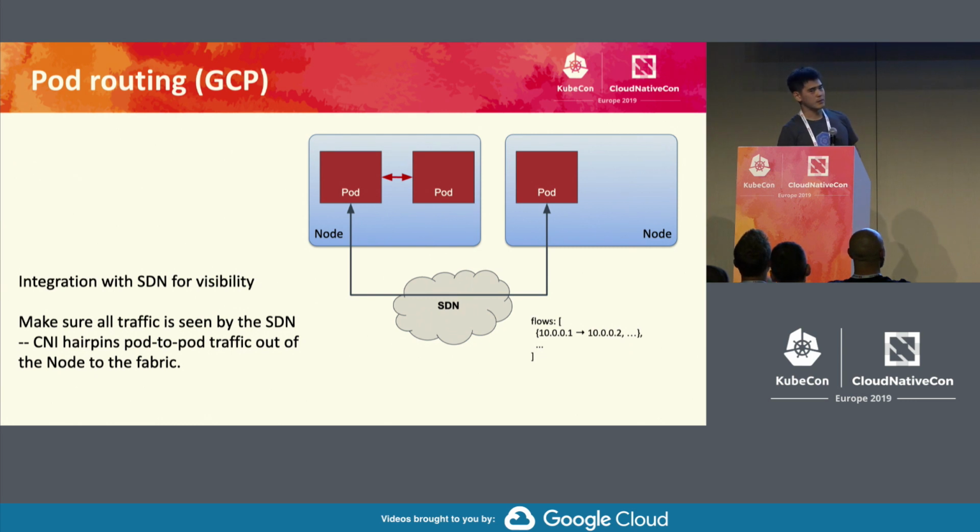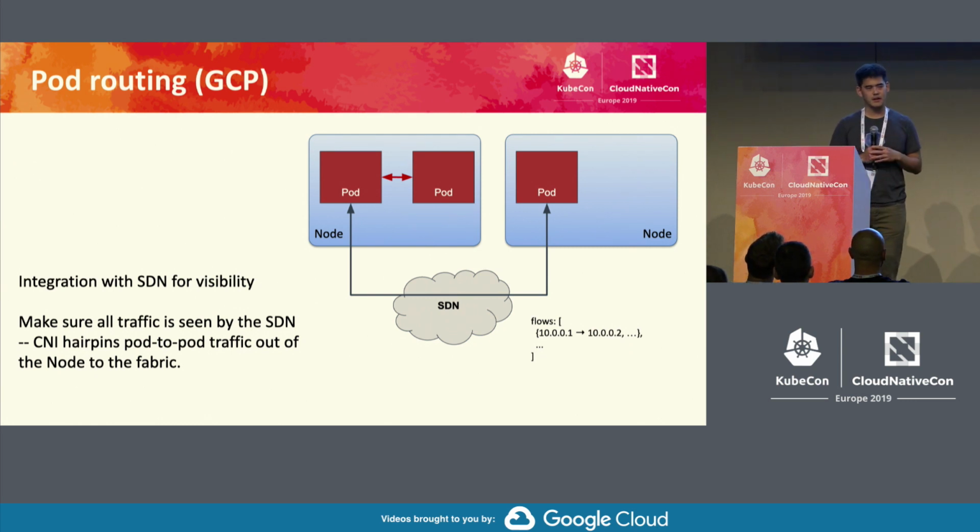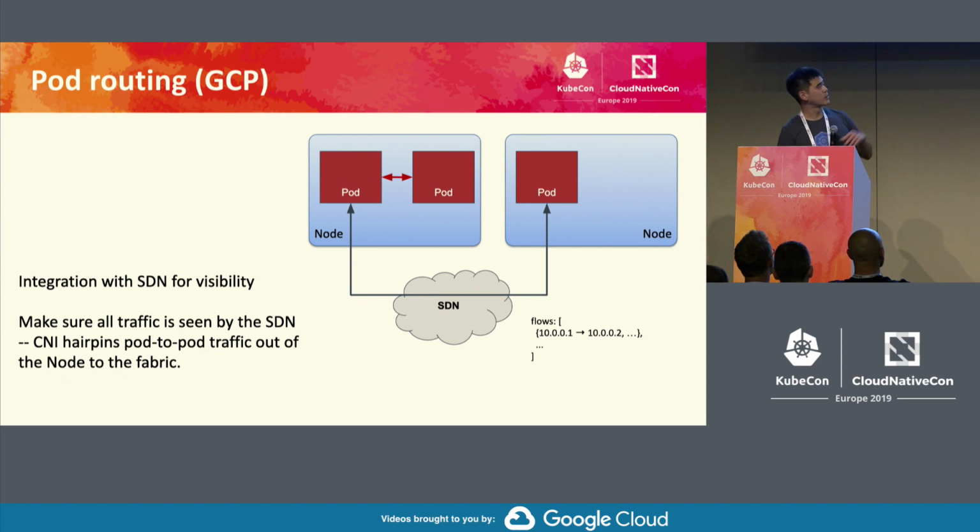Another interesting thing about VPC native, cloud SDN integrated pod routing is that there's an opportunity to give the SDN full visibility of your traffic. So when you create a VPC native cluster, when a pod talks to another pod over the SDN from node to node, the VPC is able to see the flow.